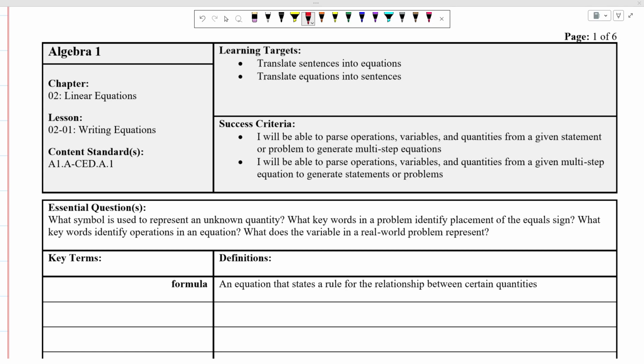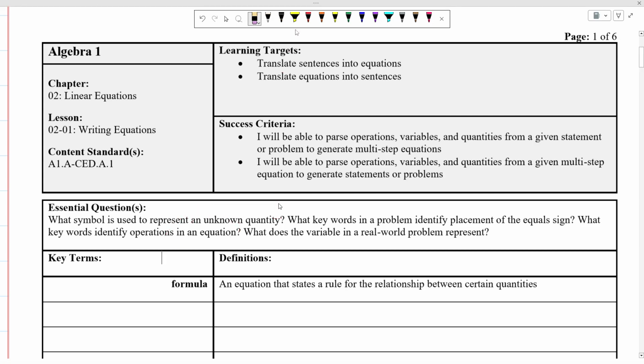So with that said, keep these series of questions in mind as we proceed, for we will need them as we build on our equation knowledge and go toward more and more complex equations. What symbols are used to represent an unknown quantity?